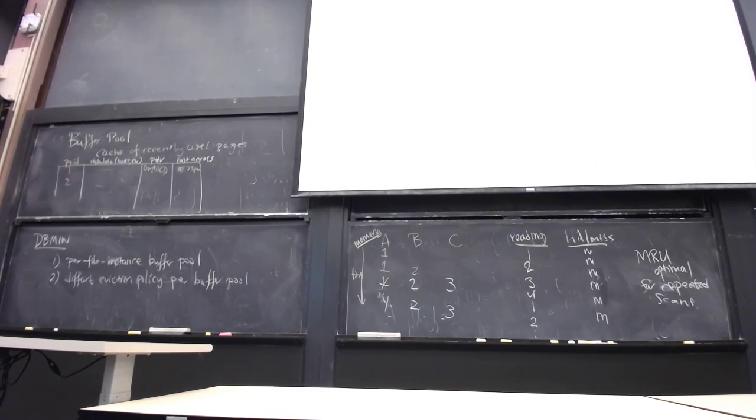And DBMin tells us how many pages we should allocate for each such access. So if I have query 1 reading table A with a sequential scan, I'll allocate so many pages. If I have query 1 reading table A through some index, I'll have a different set of pages. If I have some other query that reads table B through a sequential scan, I'll allocate a certain number of pages for that, and so on and so forth.